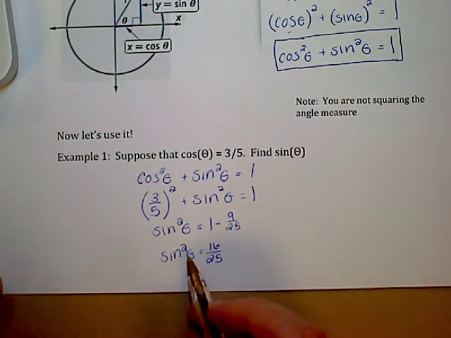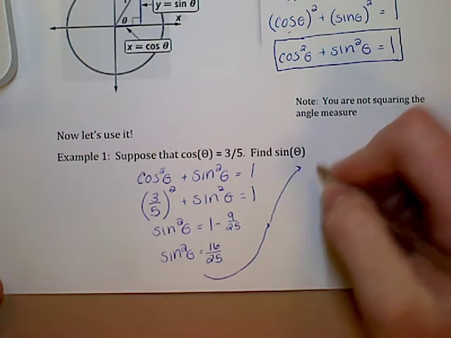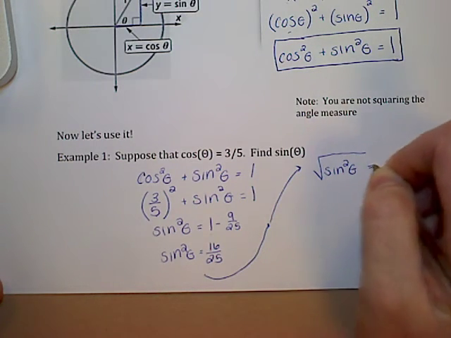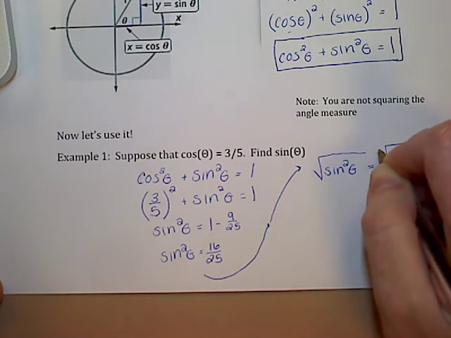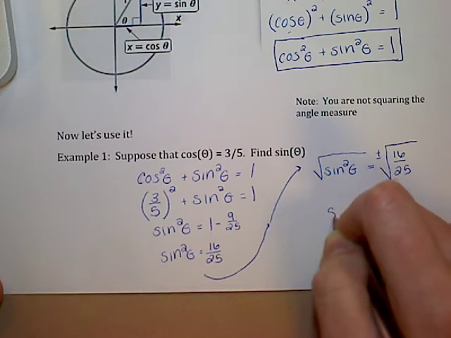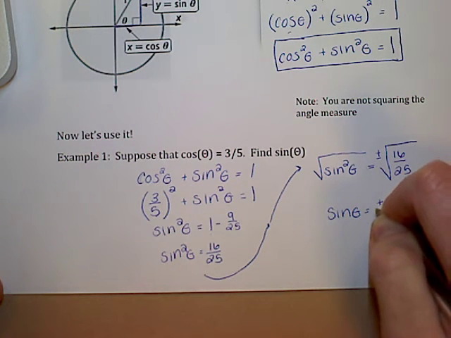Now, the problem is sine is being squared. So if we square root this side and we square root the other side, not forgetting our plus or minus, sine of theta ends up being plus or minus 4/5.